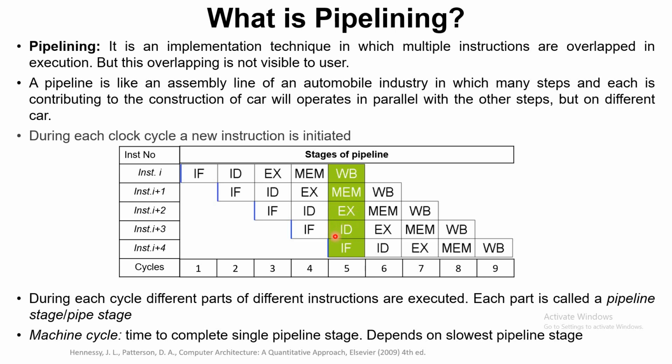Then the decoding part will do the decoding, and the fetching unit of the data path with pipelining will be fetching the instruction I plus 5. Up to the point of the fifth cycle, each and every stage of the pipelined data path is busy performing one task.